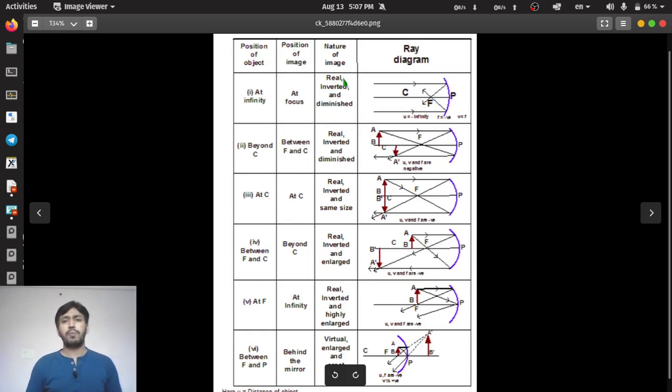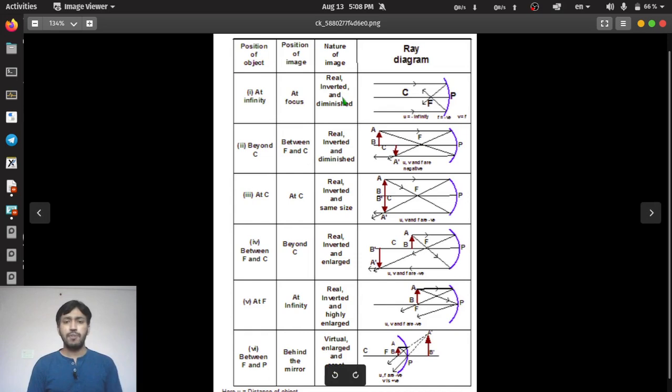Now, what do you mean by real image? Real image is basically that image that is formed by actual meeting of the light rays. That means when the image will be formed such that the light rays actually meet, that image will be called a real image. What is inverted?